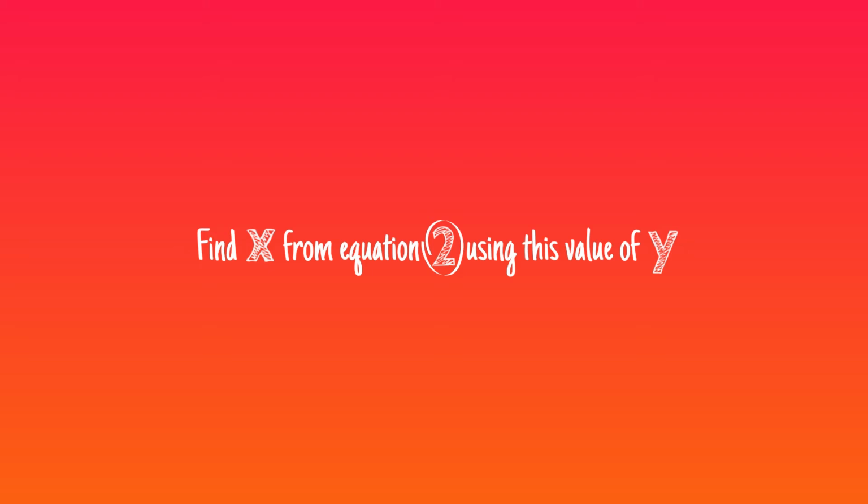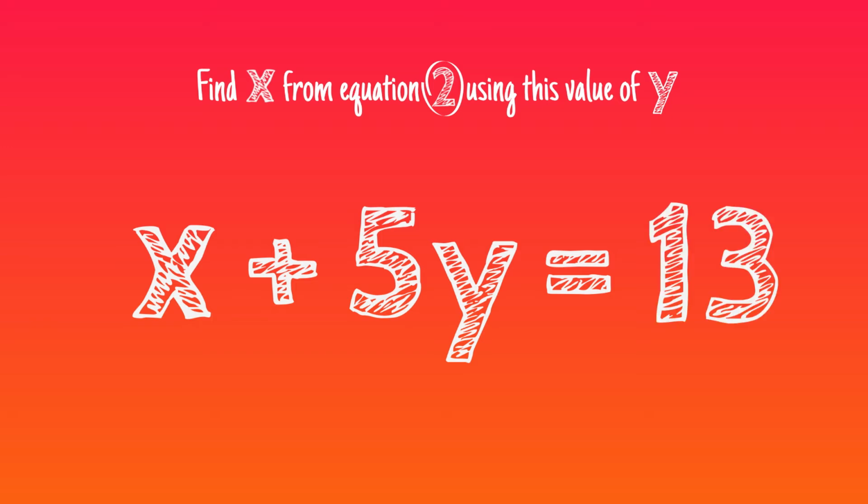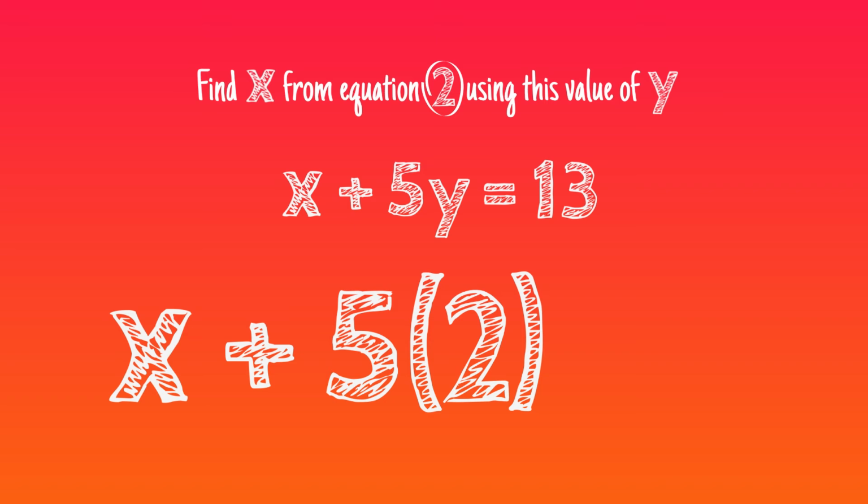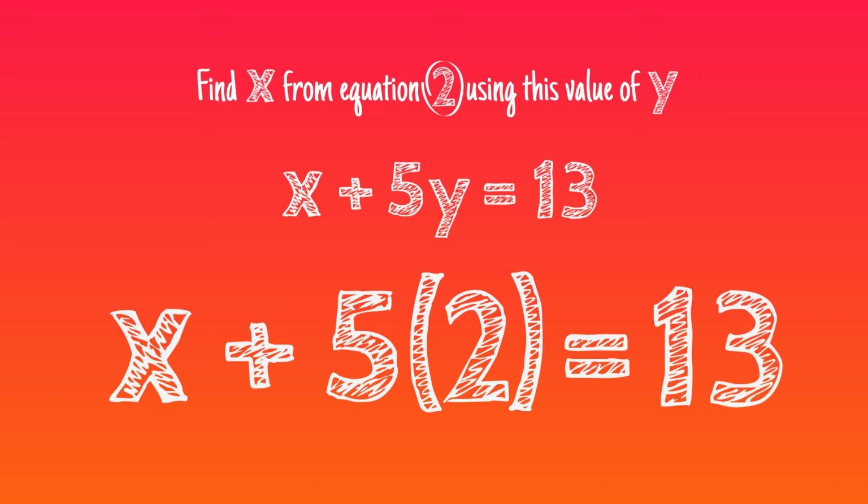So we find x from equation 2 using the value of y. Equation 2 says x plus 5y equals 13. So wherever we see y, we put a 2 in the equation. So x plus 5 multiplied by 2 is equal to 13.